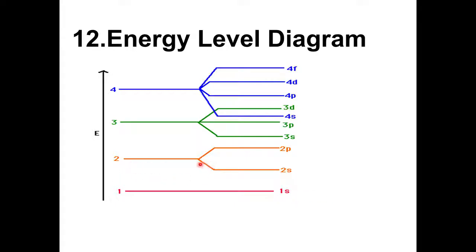Here it is 2s, 2p, and then in the third there is 3s, 3p, 3d, and in quantum number 4 I have 4s, 4p, 4d, 4f, but you can see that the 4s is lower in energy than 3d. This is what I was talking about, overlapping of the energy levels.